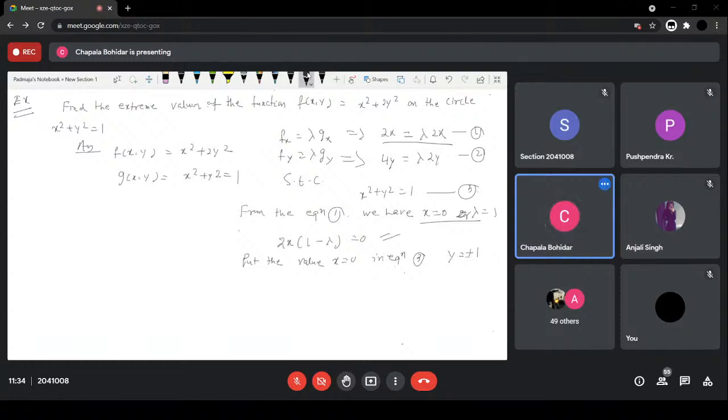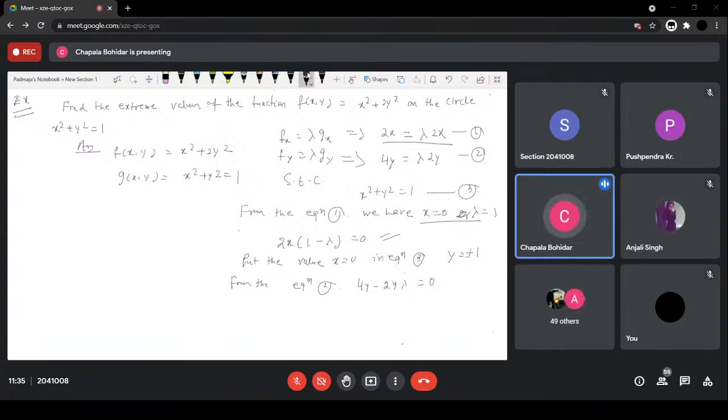Now from equation 2, take this side: 4y minus 2y lambda is equal to 0.